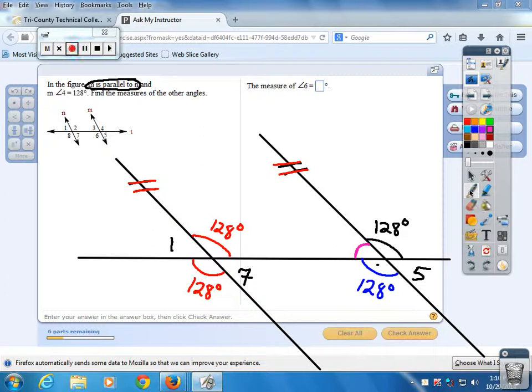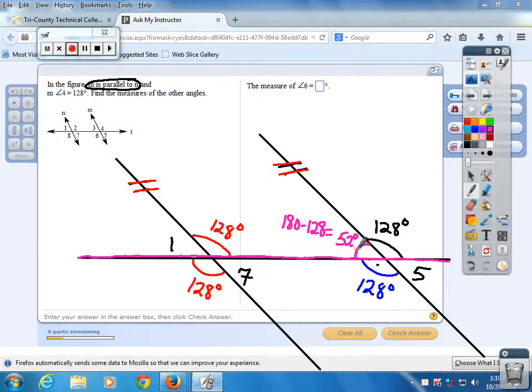Well, this line right here makes what kind of a line? Straight line. Which is how many degrees? 180 degrees. So if you've got 180 degrees, and part of it is 128, then what are you going to do to find the part that you don't know? Subtract 128 from 180, and that's going to equal what, 60 or 52?